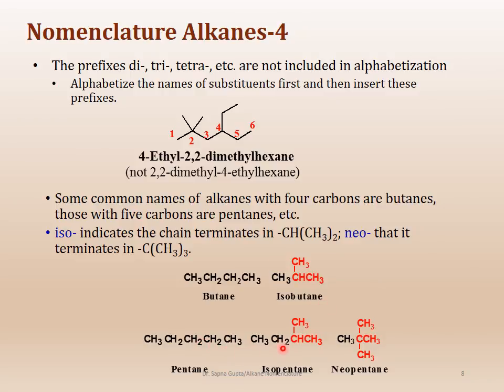With pentane, there is the isopentane, which remember is the V over here, and then the neopentane, which gave us the neopentyl group. So these are some of the common names. Maybe you will see them, maybe you won't. I don't give them on the exam. I usually prefer the IUPAC name, so you don't have to worry about it for me.